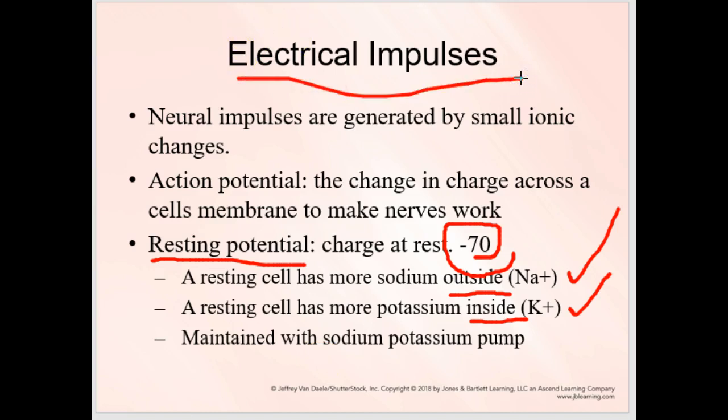I'm trying to give you the general gist. What you need to know is a resting cell rests at -70 millivolts. It's going to have more sodium outside and more potassium inside. If that nerve starts to work, it undergoes an action potential. Done. That's what I need you to know here.